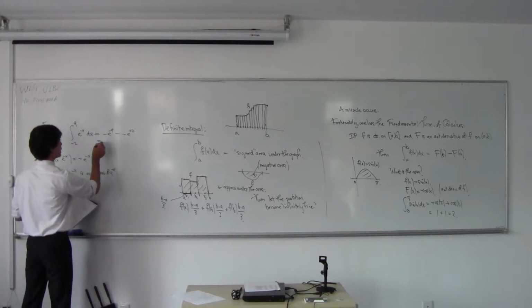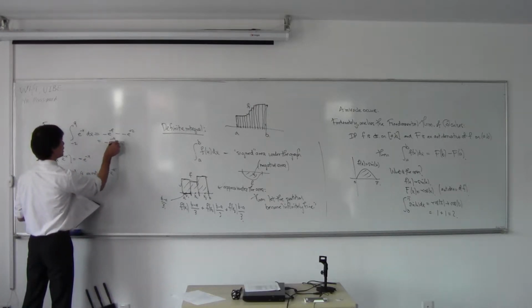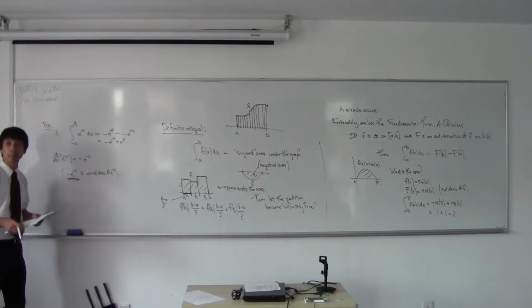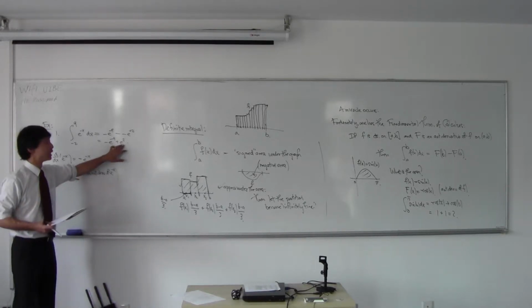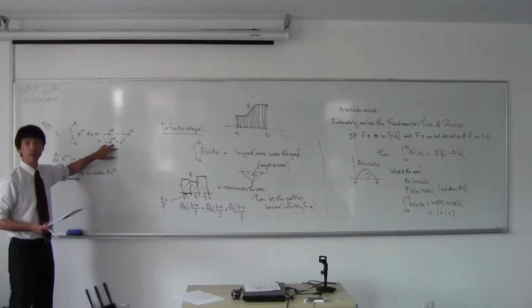So negative e to the negative 9 plus e to the 2. So very close to e squared. This number is tiny.